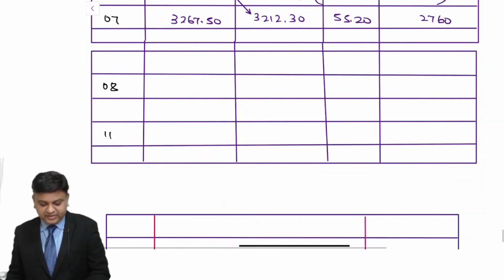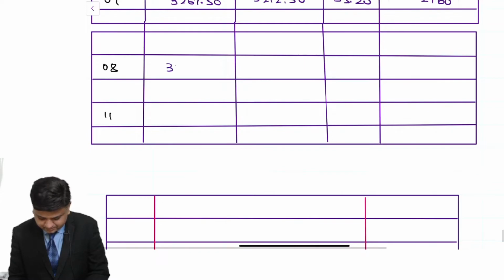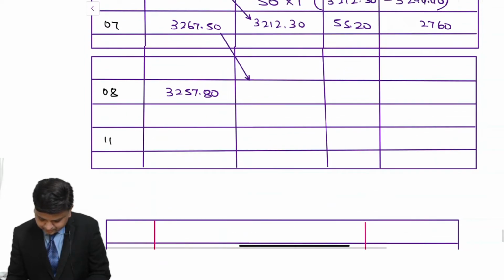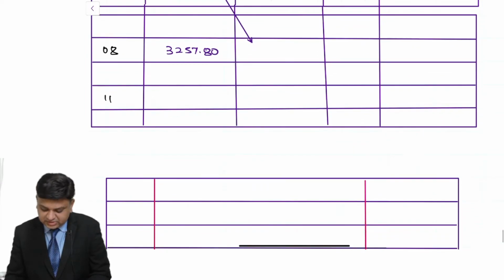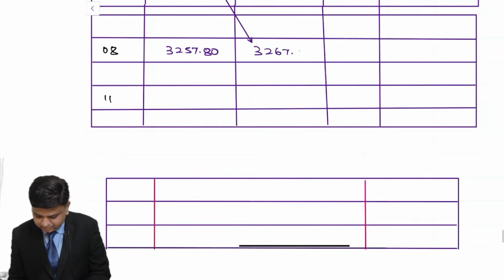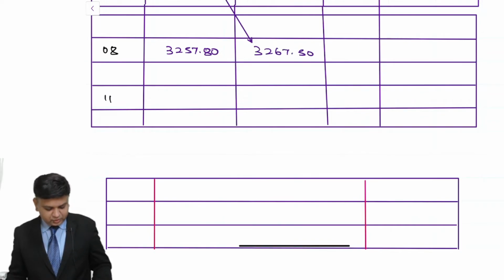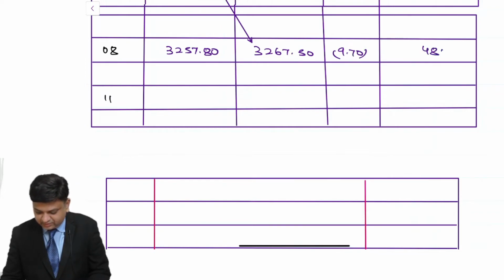Next date is 3257.8. This is the purchase price 3267.5. So 3257.8 minus 3267.5. There is a loss of 9 rupees 70 paise into 50 into 1, that comes to a loss of 485 rupees.